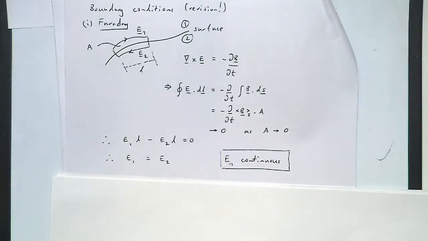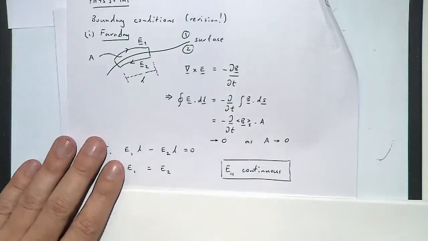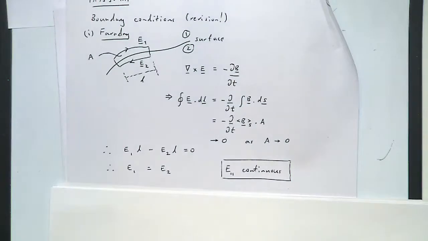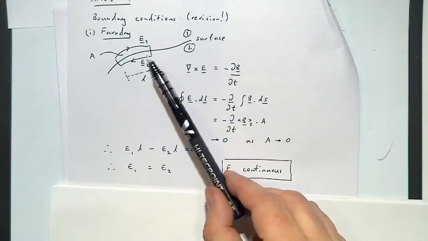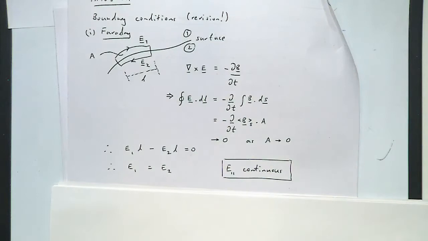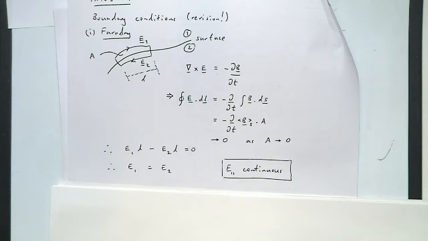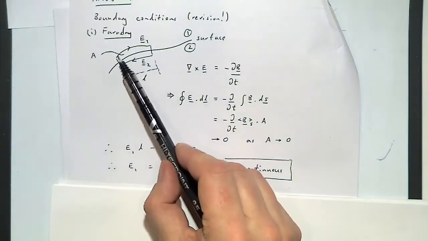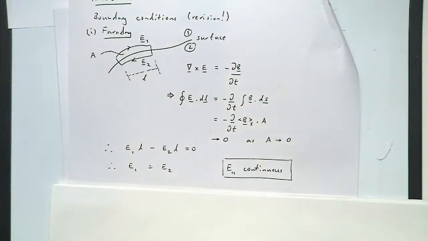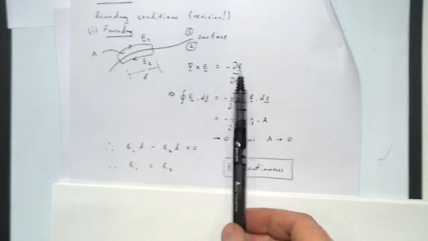Okay. So the first thing we can apply is Faraday's law. So here is our quasi-planar interface between the two media 1 and 2. In this case, we're thinking about a loop that goes around some segment of plane with area A, and we're counting up the electric field on one side, E1, with the electric field on the other side, E2, over some distance L. Remember that Faraday's law allows us to relate the electric and magnetic fields together.